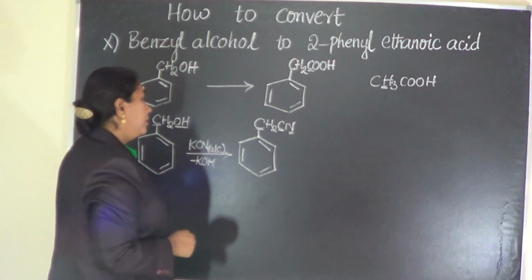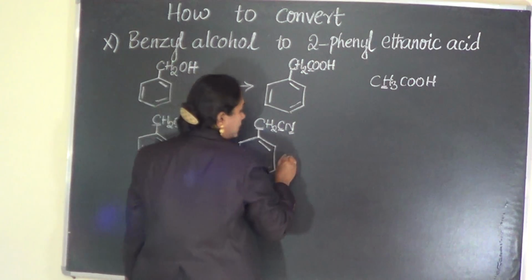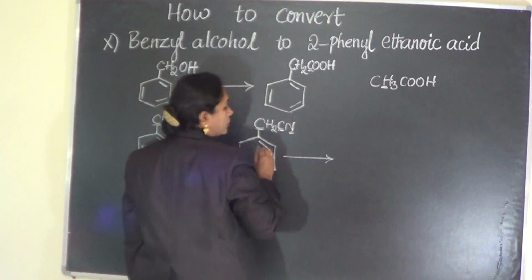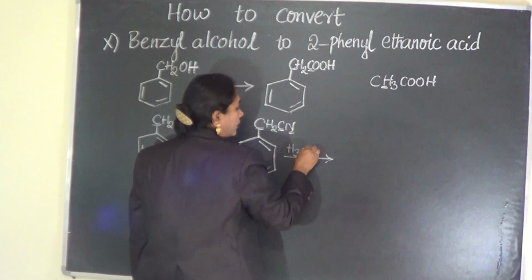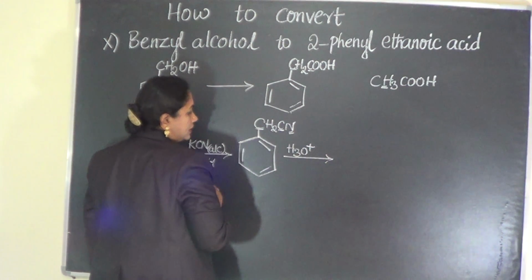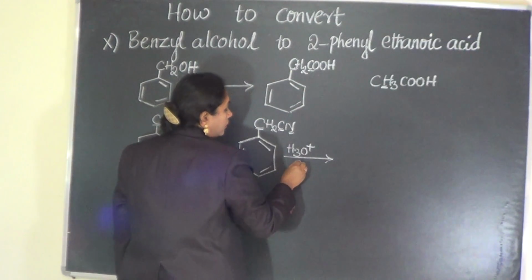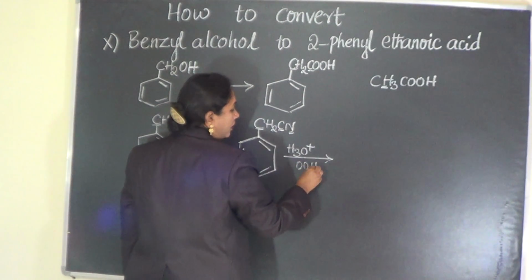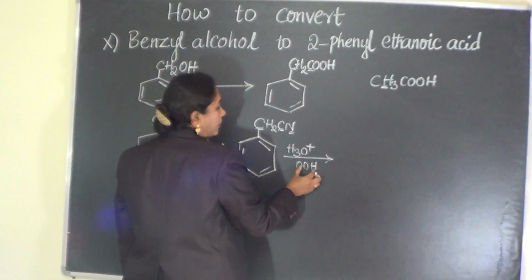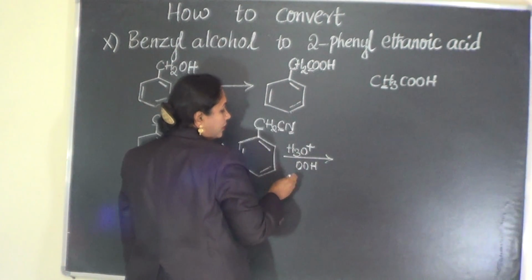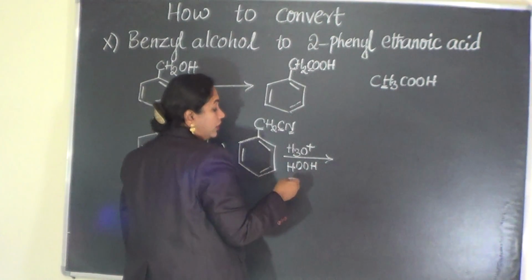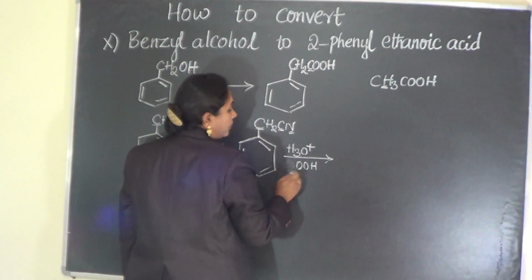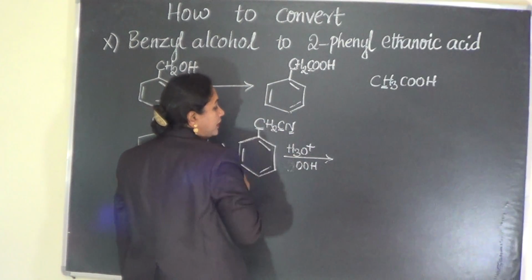Very simple, we can bring about this change by subjecting this compound to the process of acid hydrolysis. So when we bring about acid hydrolysis, OH from water will be getting attached here because you know HOH is water, and many molecules of water will help us to bring about this COOH attachment here.